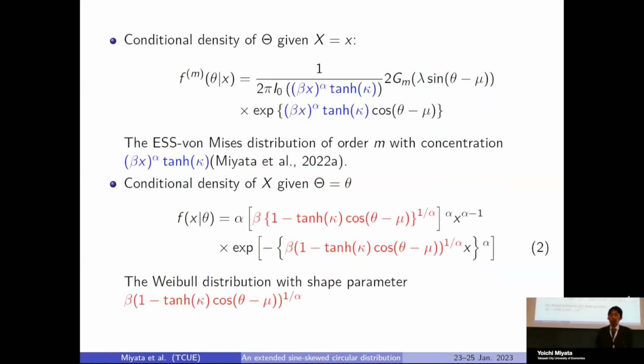The conditional density of theta given x is an ESS von Mises distribution of order m with concentration defined by this expression, which is highlighted in blue. And the conditional density of x given theta becomes a Weibull distribution with shape parameter highlighted in red.